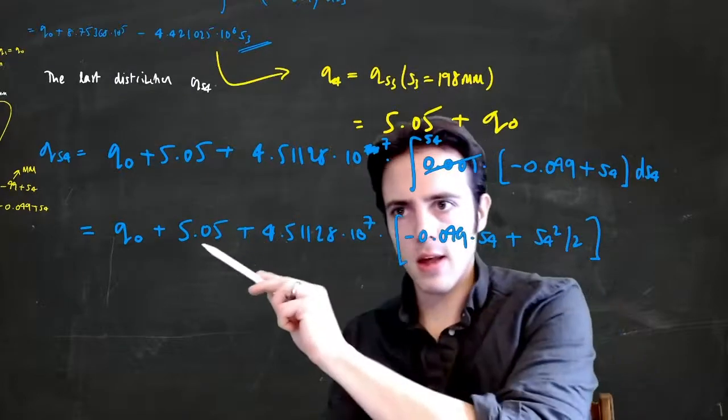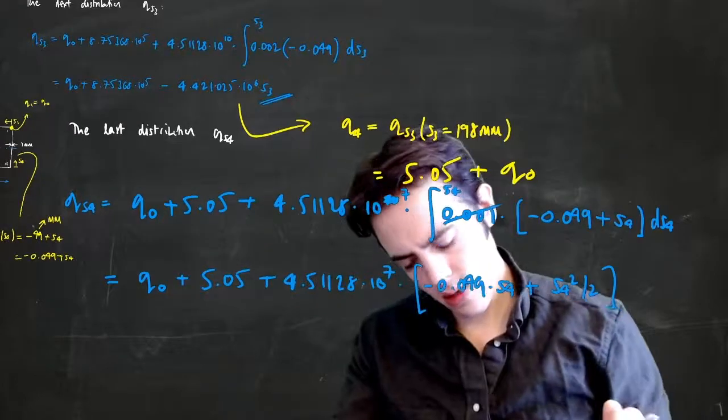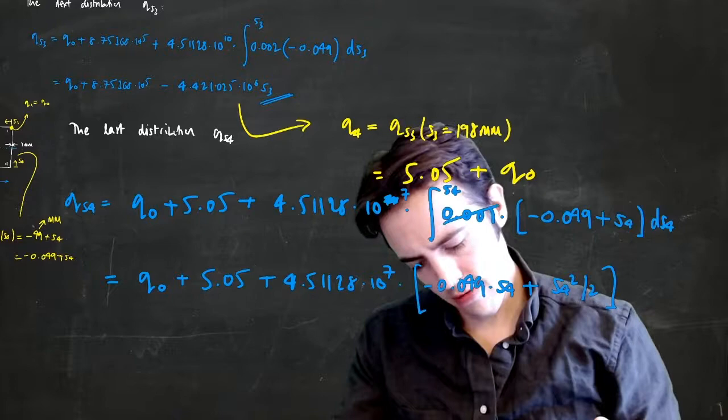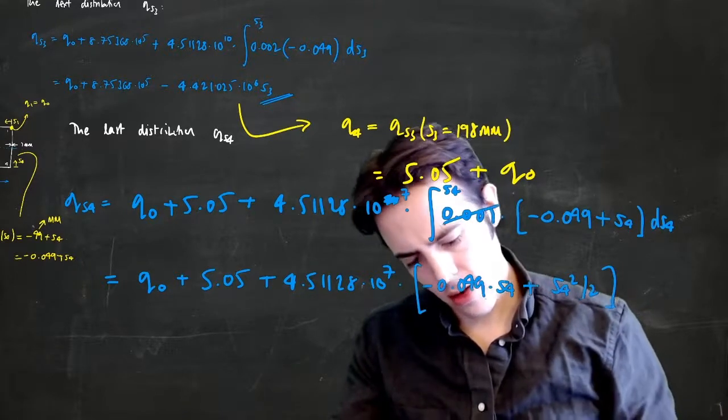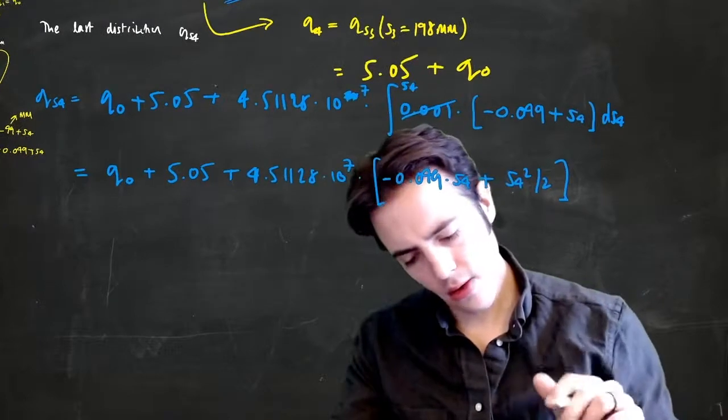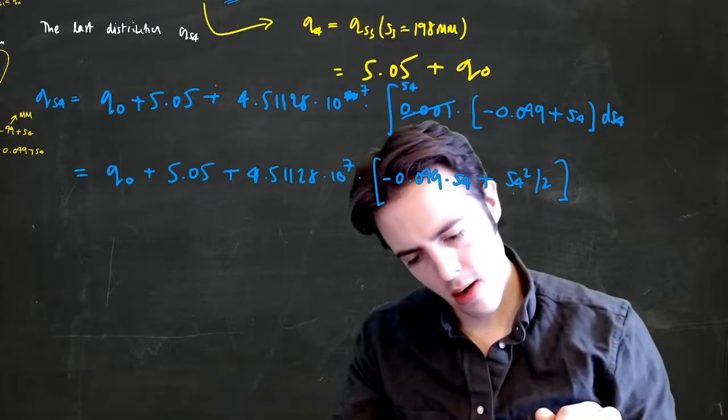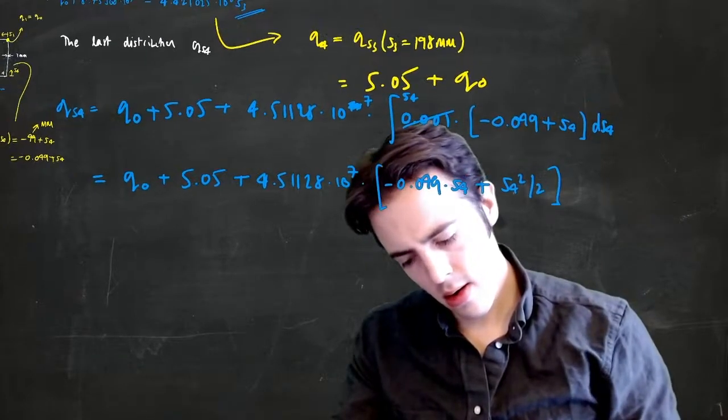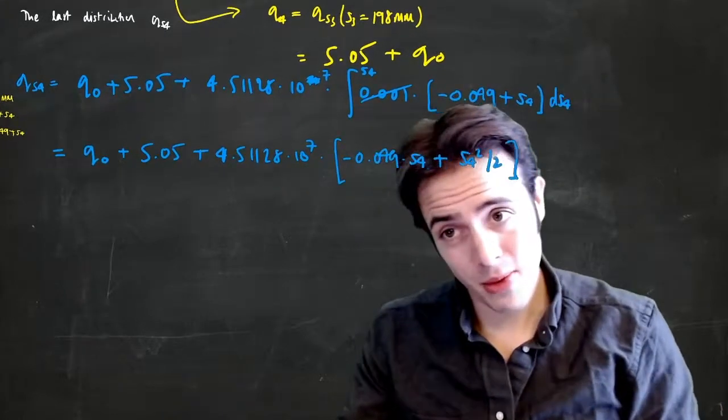Don't like this 5 here. I don't trust that value at the moment. We'll see if it goes. Okay. So I need to just think for a moment. I'll probably pause through this.